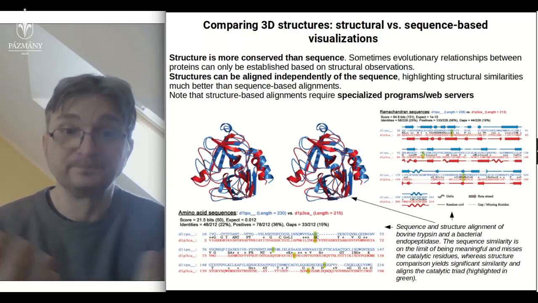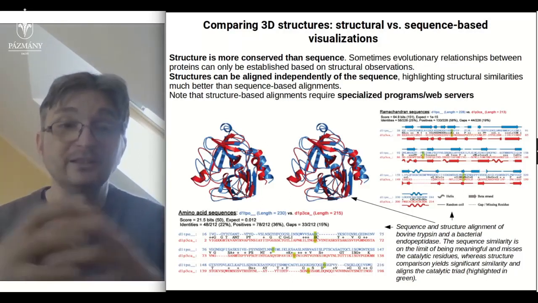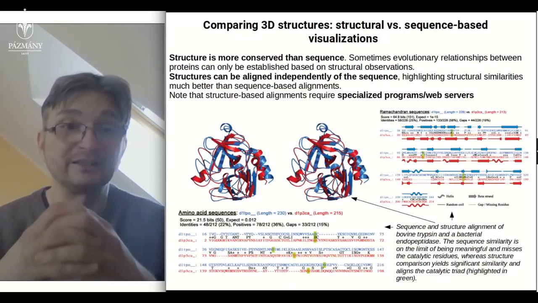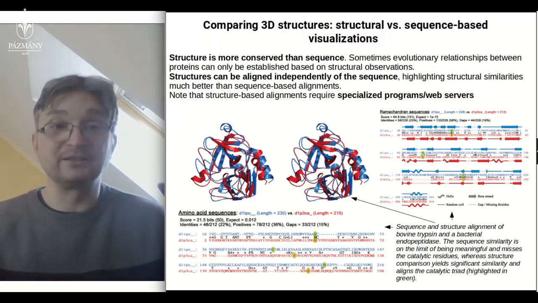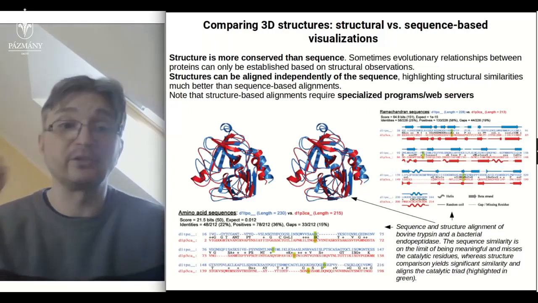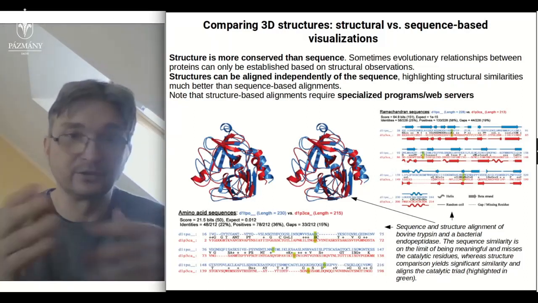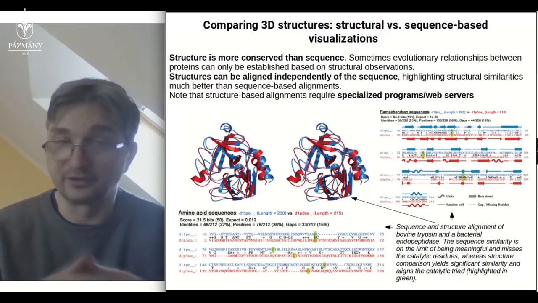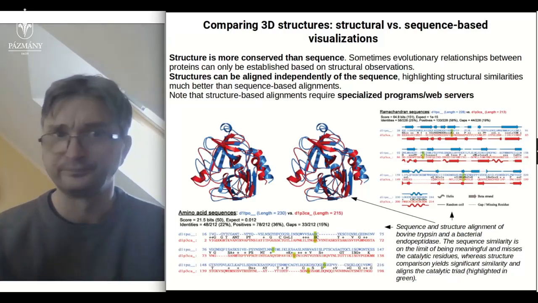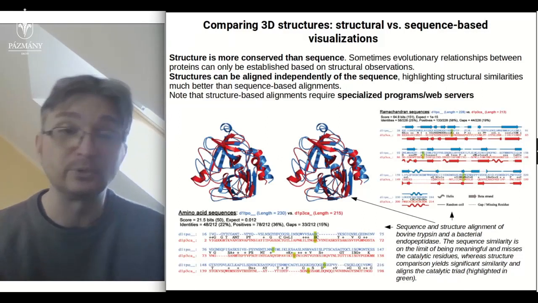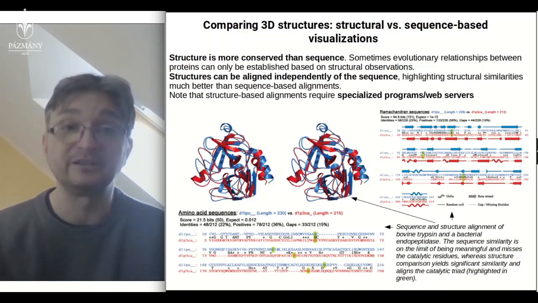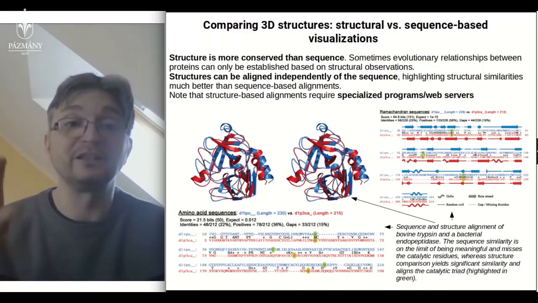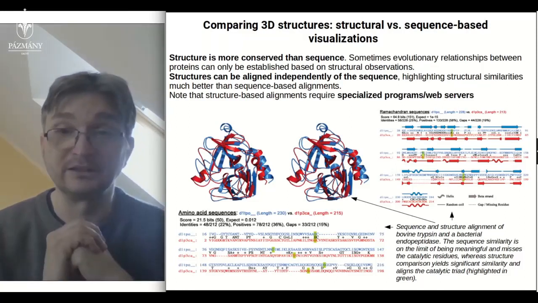Protein structures can be aligned in a way that you can find the best correspondence between the residues, but in this way you only consider the spatial organization of the structures, and you ignore whether you align the leucine with the tryptophan or something like that. Because structure is more conserved than sequence, structure alignment gives you more accurate information when you have to deal with proteins that are evolutionarily related, but their sequence is substantially different.